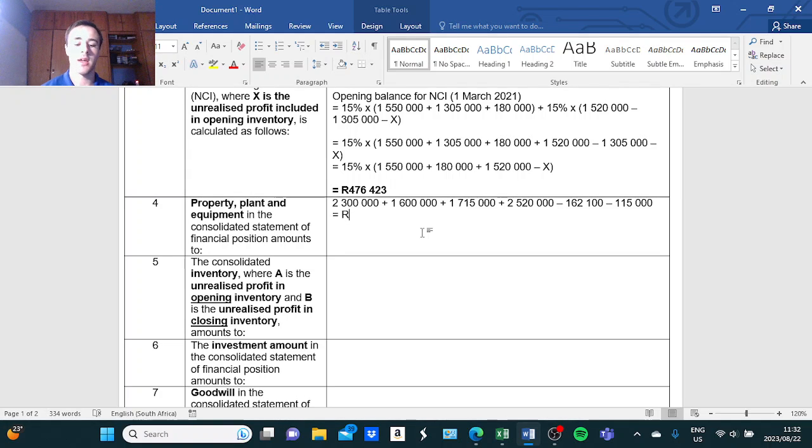Based on this calculation, you should arrive at an amount of R7,857,900. This is the value of property, plant and equipment that you will disclose in the consolidated statement of financial position.